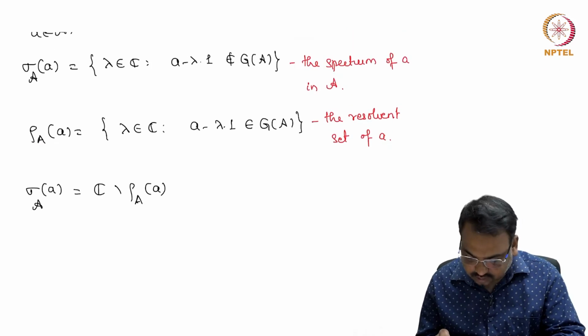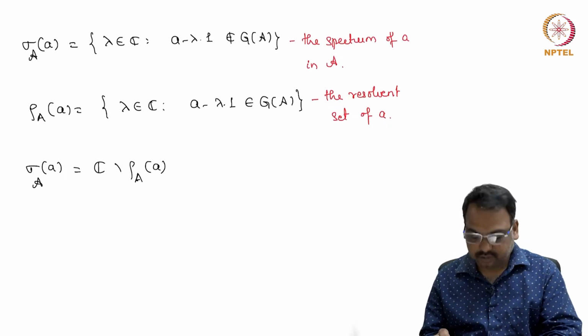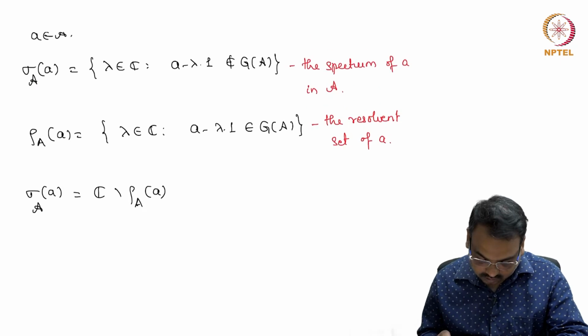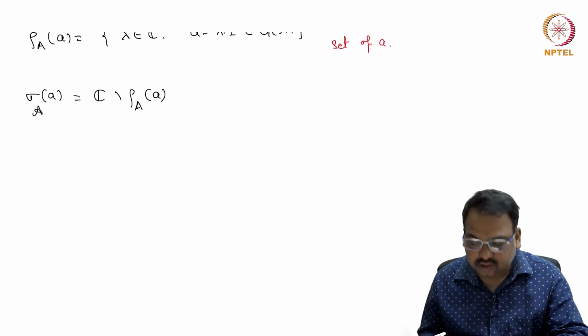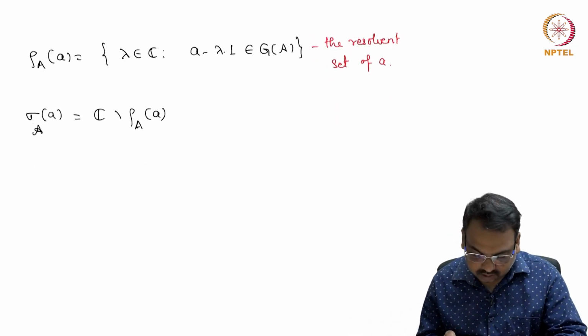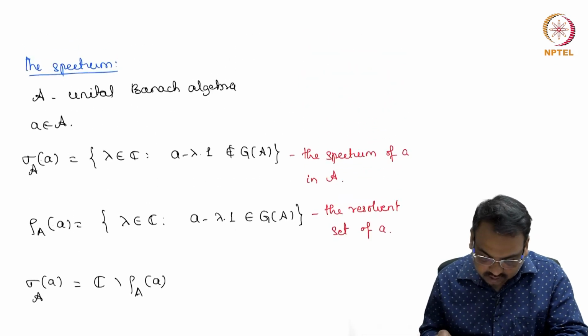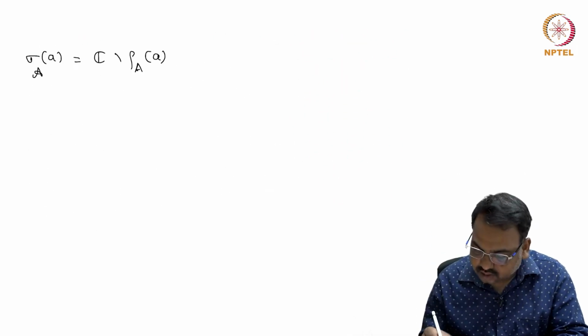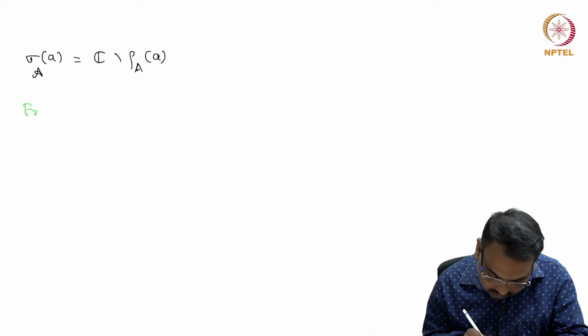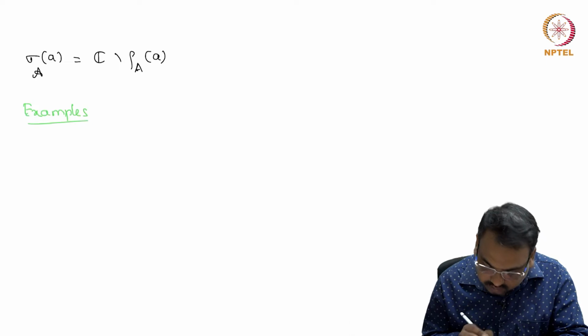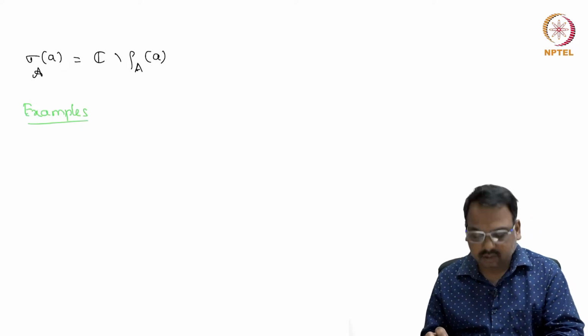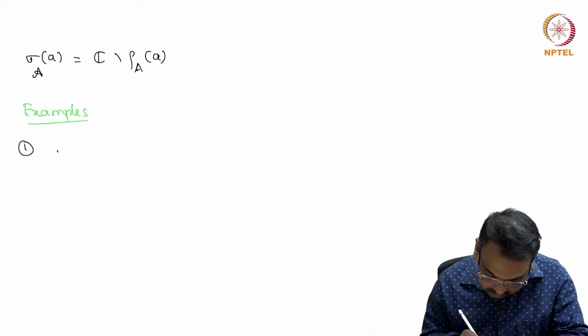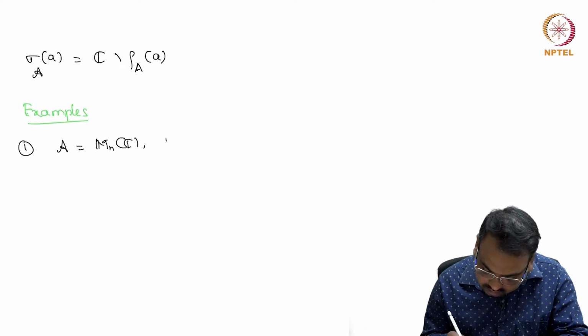Now we can ask the question, what can we say about this spectrum? Why is this important? We can show that the spectrum is non-empty. First of all, why is this important? Let us see one simple example to understand. This is exactly the case of n by n matrices. Let us take A to be the set of all M_n(C).